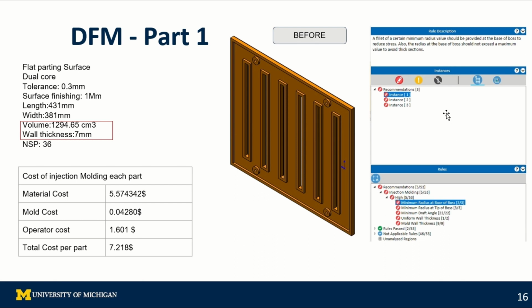We found a lot of improvements in DfM Pro, like minimum radius at the base of the boss, the minimum radius on the tip of the boss, some minimum draft angle, uniform wall thickness, and also the mold wall thickness.